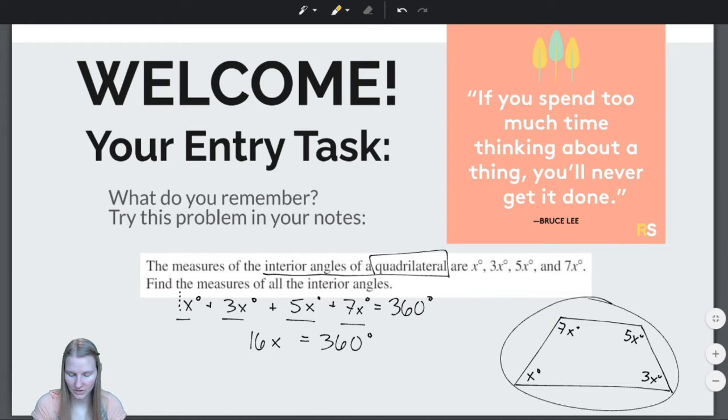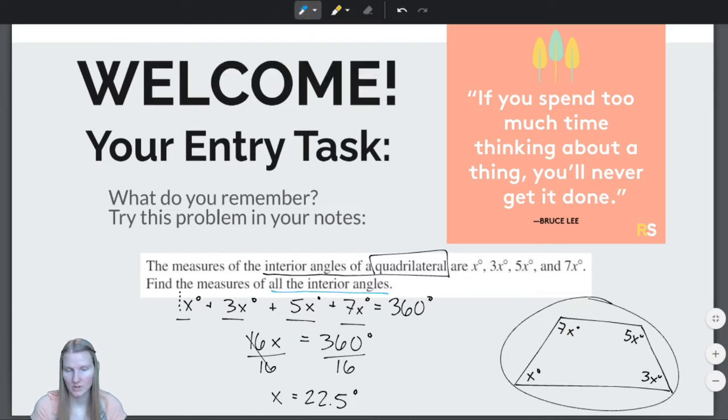16x equals 360 degrees. So I need to divide by 16 on both sides. 360 divided by 16 is 22.5 degrees. So x is 22.5 degrees. Now I need to figure out the measure of all the interior angles.